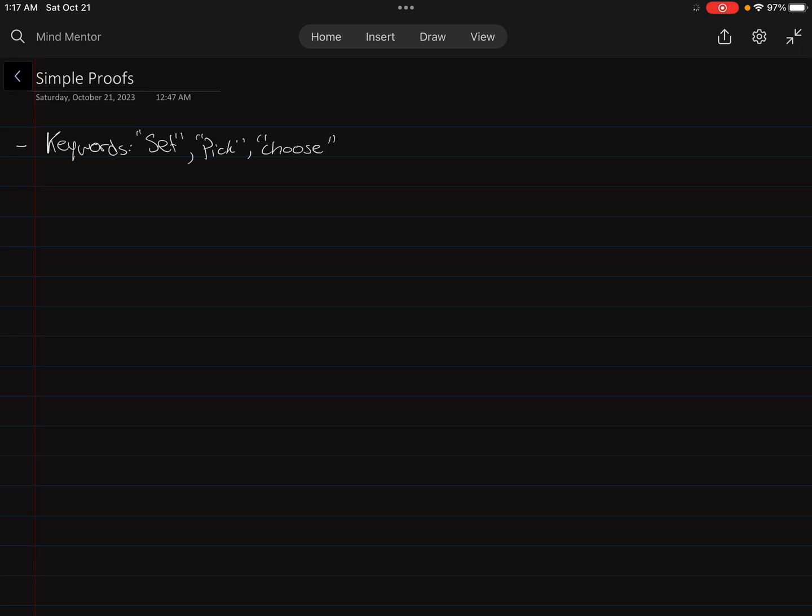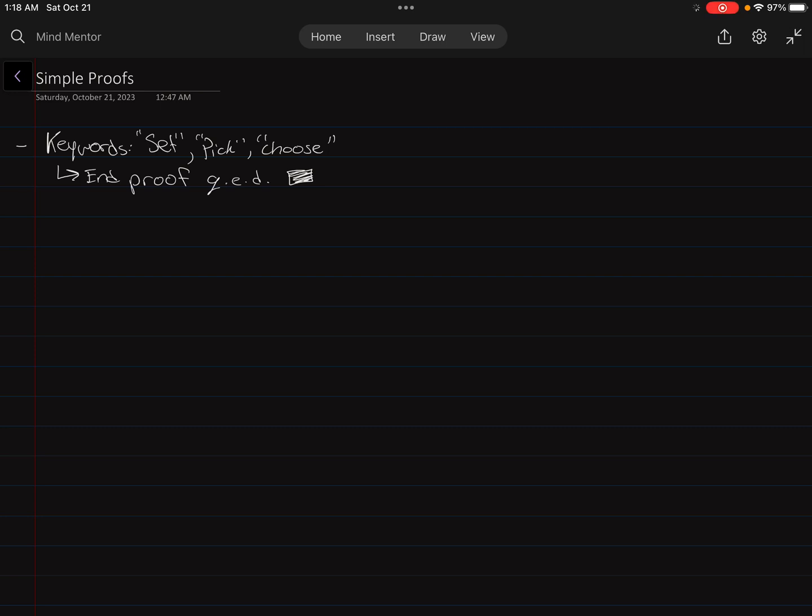Anyways, we're going to be providing a case-by-case analysis of possible inputs and outputs for a proof. And also, always remember to end your proof with QED, or you could use a shaded-out square. That could also work.